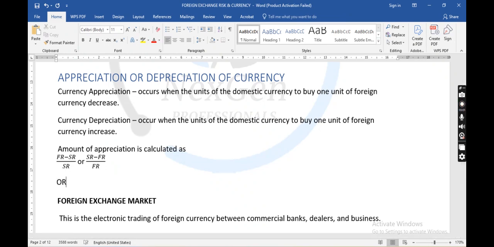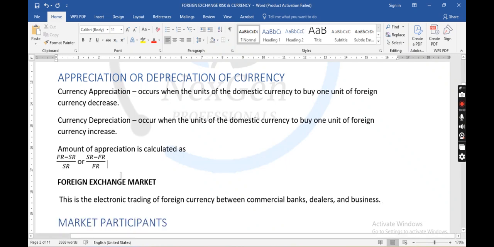I'm coming. Should I put it here, or when we get to interest rates? Should I add it here?